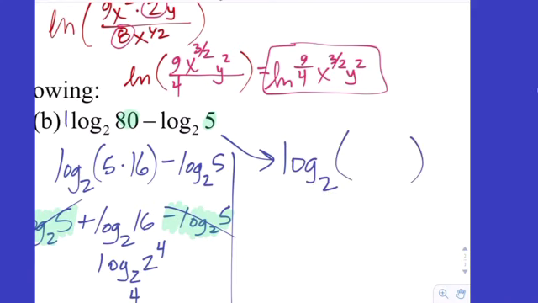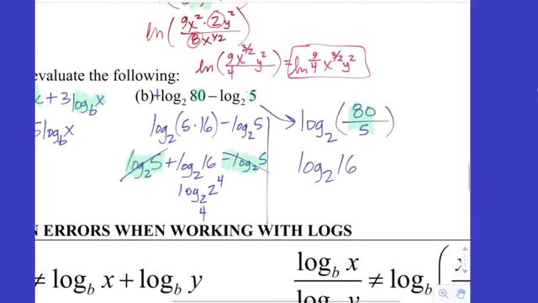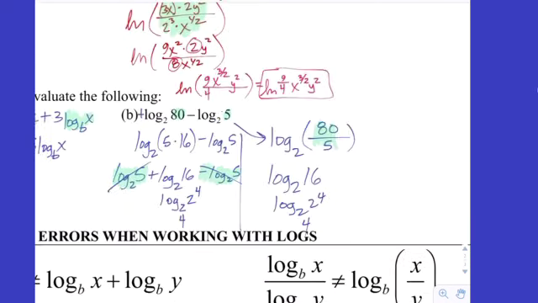Since the log base 2 of 80 is a positive term, the argument 80 gets multiplied in the numerator, and the 5 comes from the negative term, so its factor gets put in the denominator. So that's another first move that you could have done. It almost makes it a little bit easier, because now you can simplify this. What's 80 divided by 5? 16. And now you're at the same point we were over there. That's the same as log base 2 of 2 to the 4th, and you're just left with 4.